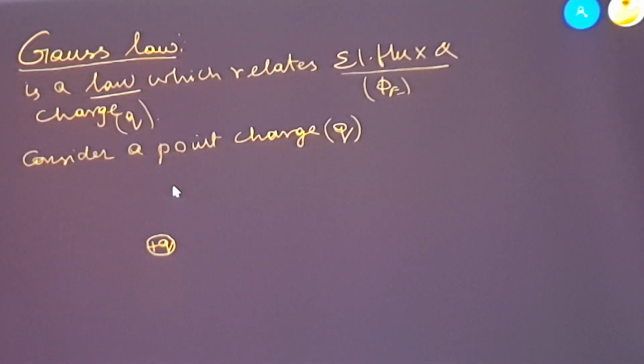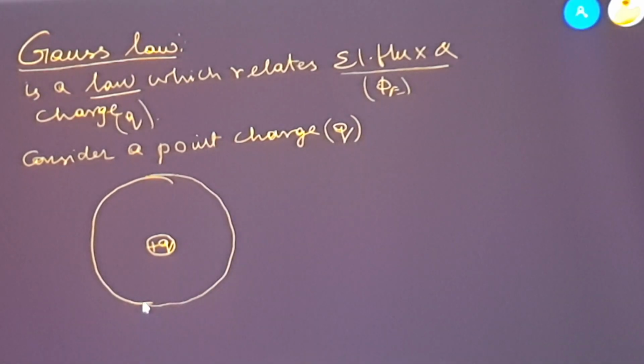Now, around this charge, I am considering a spherical surface. The size of the spherical surface may be of any value. This is the sphere that I have considered around the charge, in a three-dimensional way.